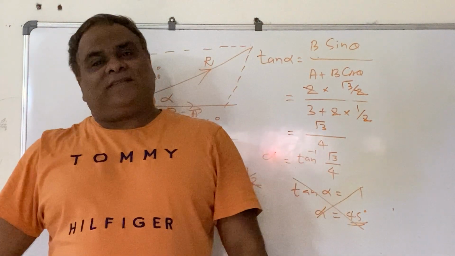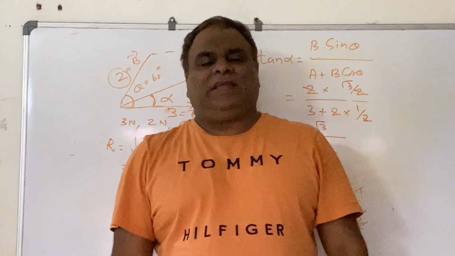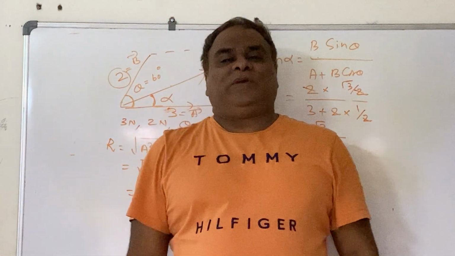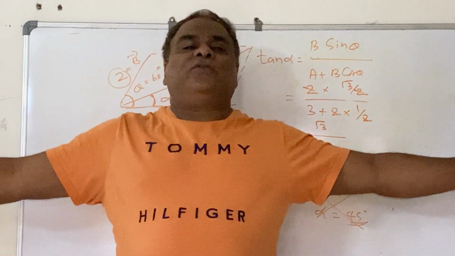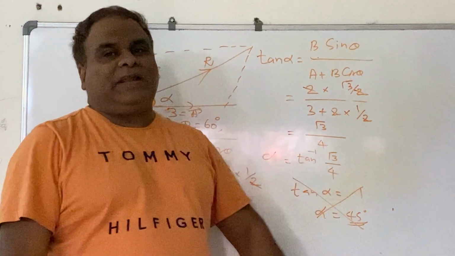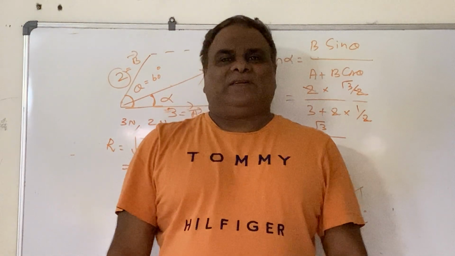If both are in the same direction, resultant r is equal to a plus b. If mutually perpendicular, r is equal to root of a square plus b square. If opposite, r is equal to a minus b. Then we solved numerical as well. You will get a feel of how you can do it. That's all. Thanks for watching.